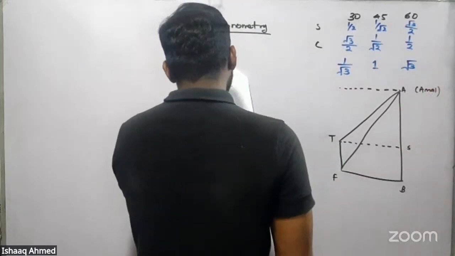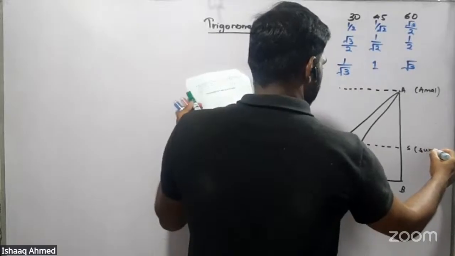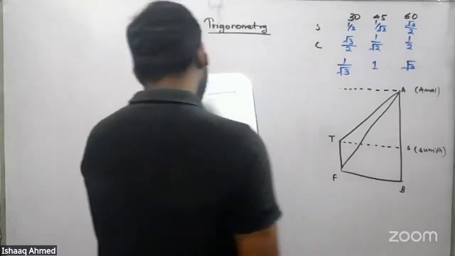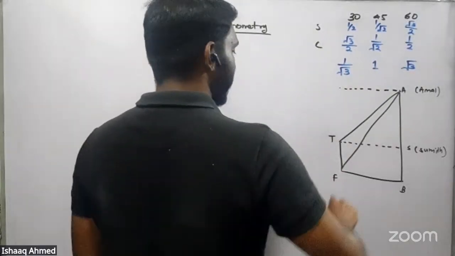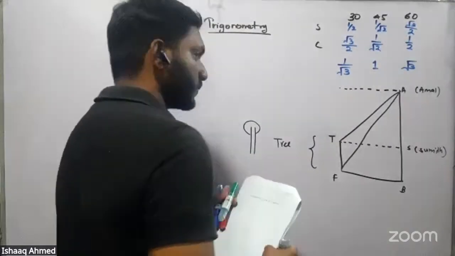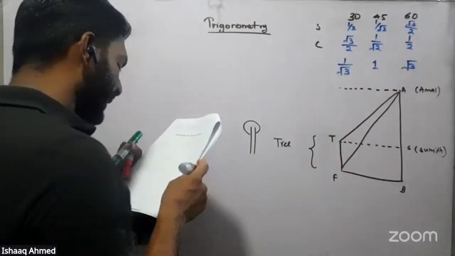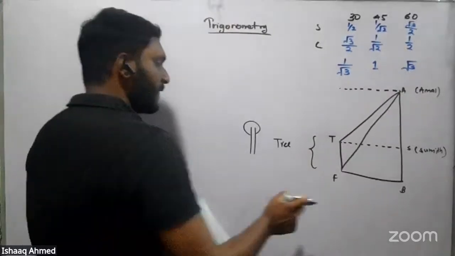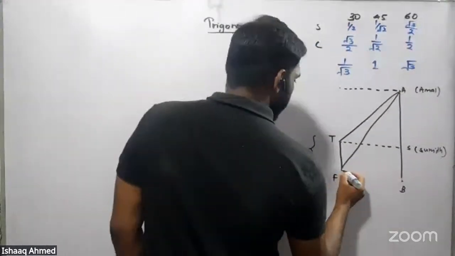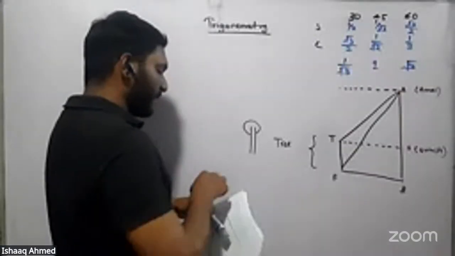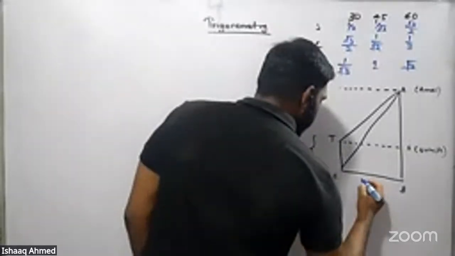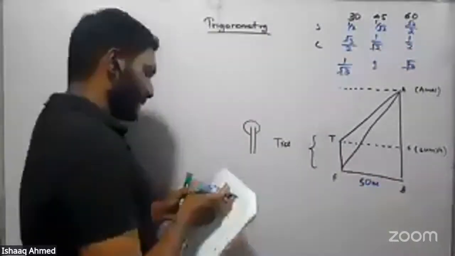And Sumit, from the window S of the building, observes a vertical tree FT, located on the same level ground, 50 meters away from the building. AB is the building. So from the building, the tree is 50 meters away. That means this is 50 meters.